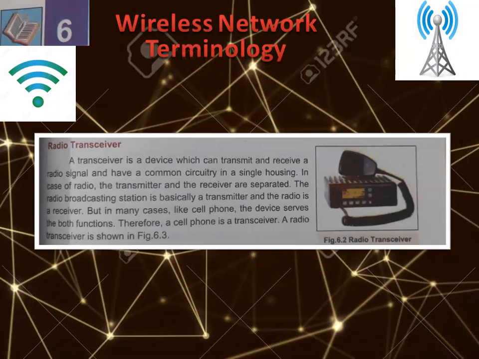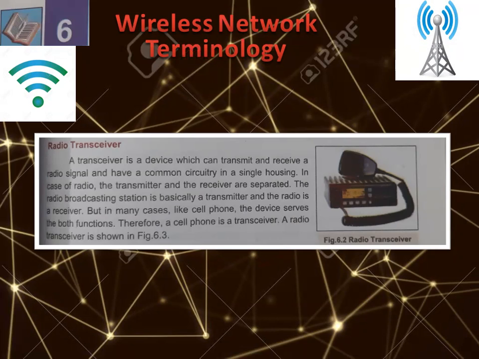The next is radio transceiver. A transceiver is a device which can transmit and receive a radio signal and has common circuitry in a single housing. In the case of radio, the transmitter and the receiver are separate. The radio broadcasting station is basically a transmitter and the radio is a receiver.